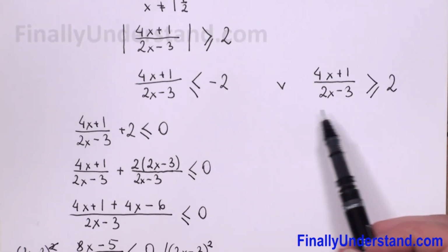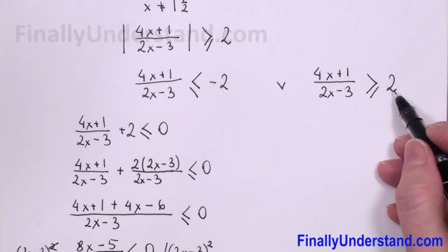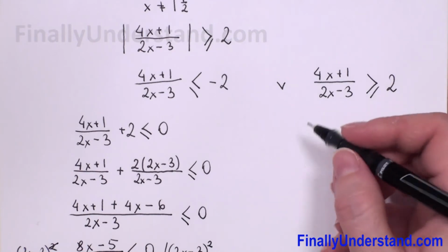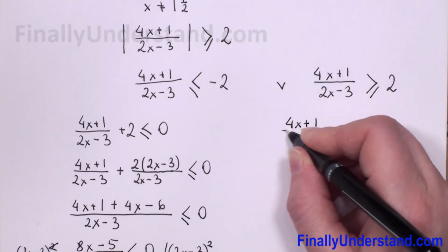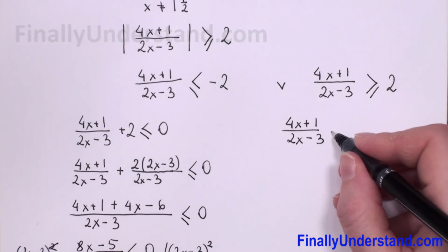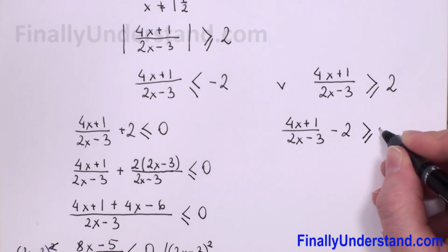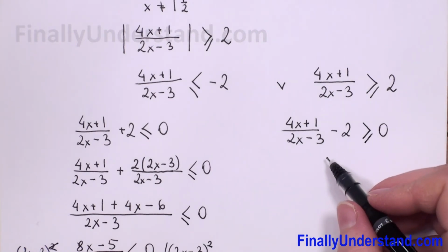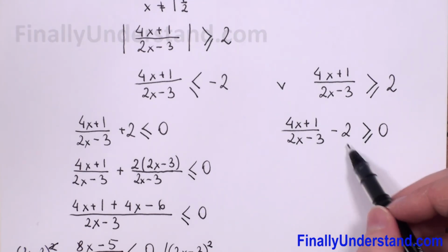Now we have to go to the second. I will move 2 to the left side, so it will be 4x plus 1 over 2x minus 3 minus 2 is greater than or equals 0. Because we have fraction, I will change 2 to fraction.